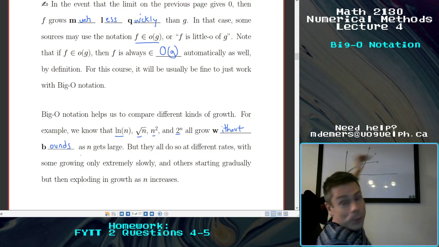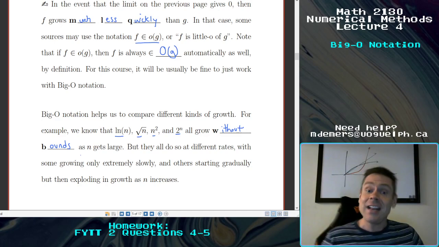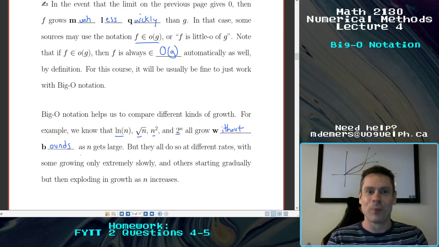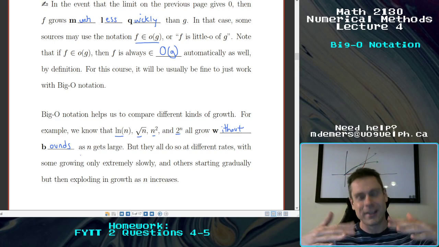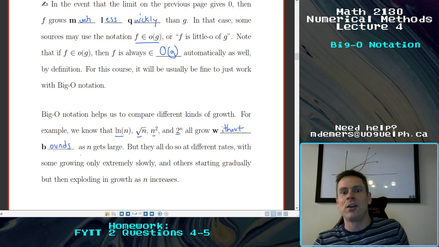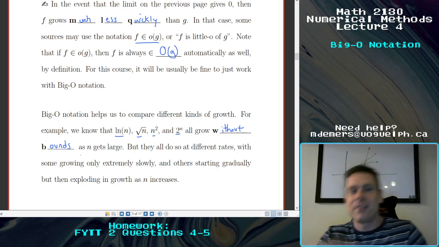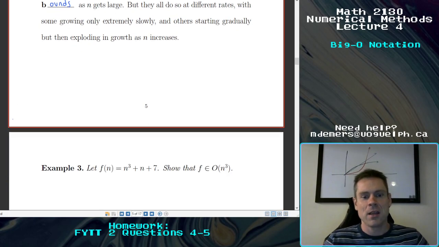And that square root looking one is going to be on the order of that linear looking one and that exponential one, and so on. And any two parabolas are going to be on the order of one another because of the comparison, right? Like the similar behavior. Any two exponentials of the form e to the 2x or whatever are going to be on the order of one another. But it's about this comparison as n grows large.